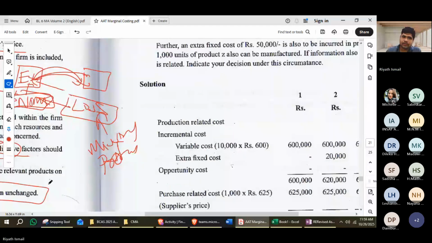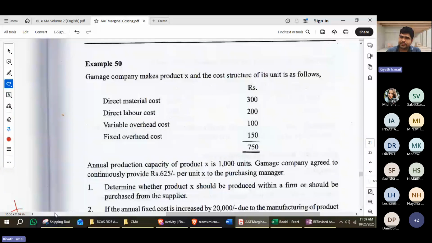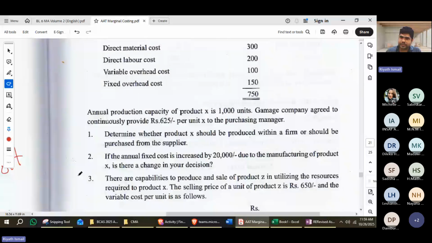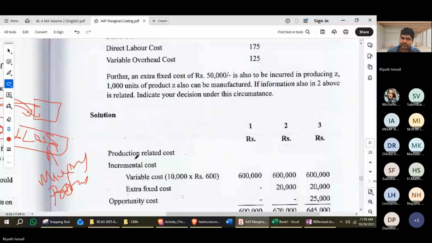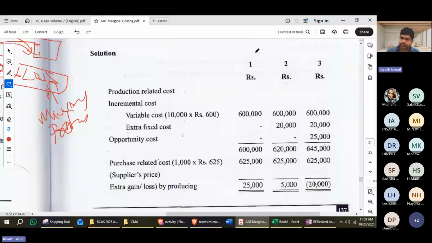But we have an example. It comes with a lot of things, so it's better to start with the new class, right? It's a little complicated. We have to calculate the variable cost. This is question number one, question number two, question number three.